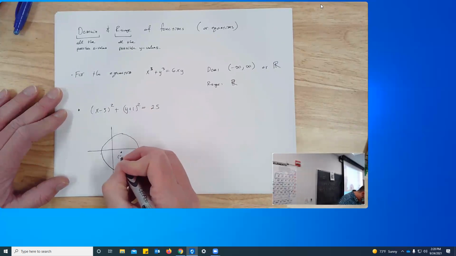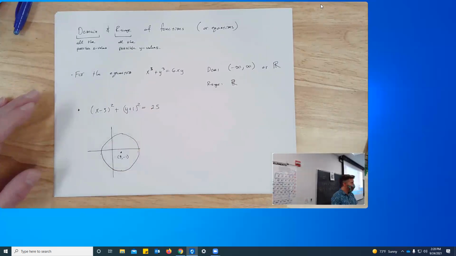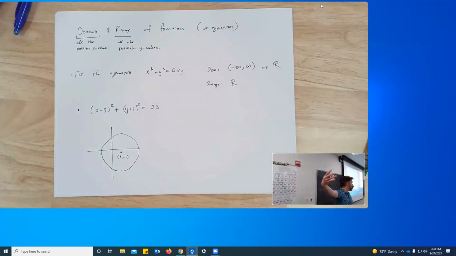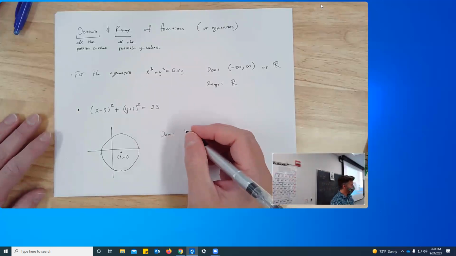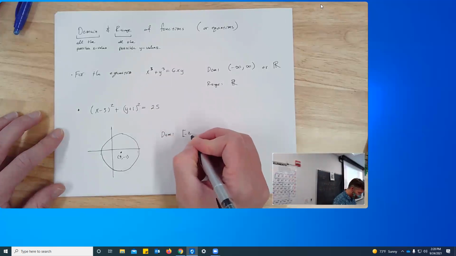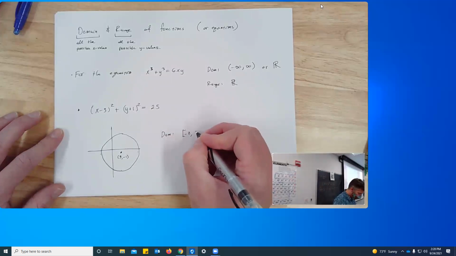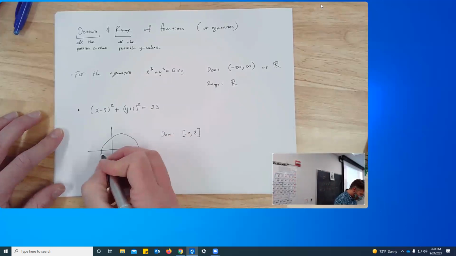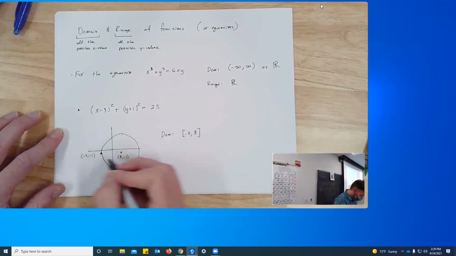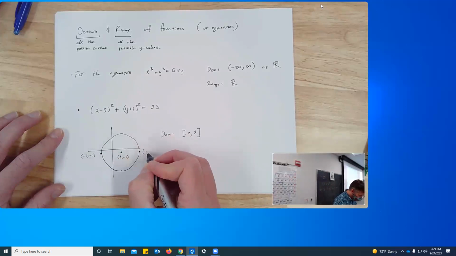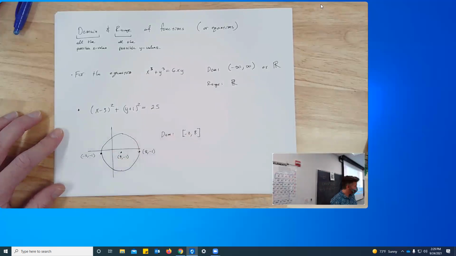So if that's (3, -1), the domain is as much as 5 to the left and 5 to the right of 3. So my domain here would be, let's see, 3 minus 5 is -2, 3 plus 5 is 8. This point over here would be (-2, -1), and this point over here would be (8, -1).